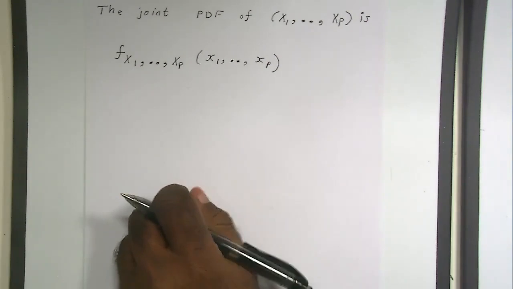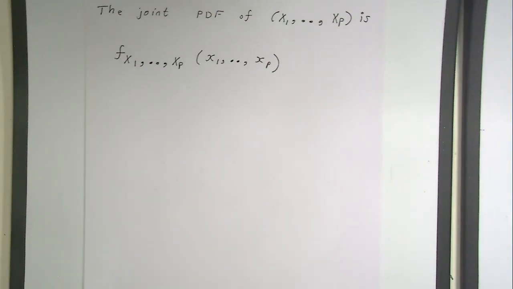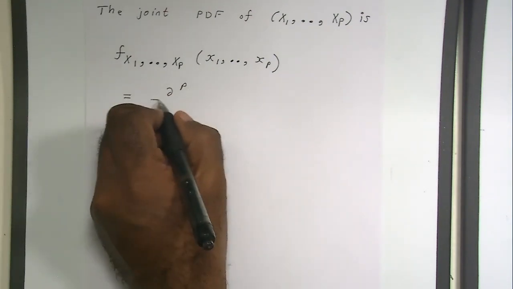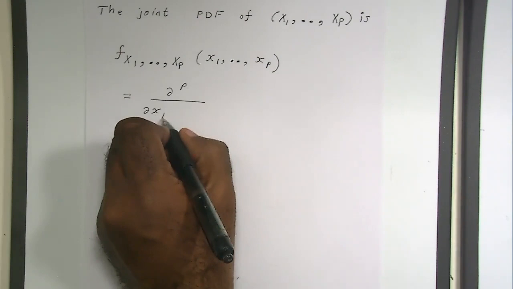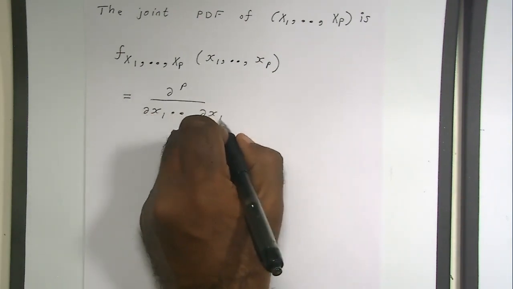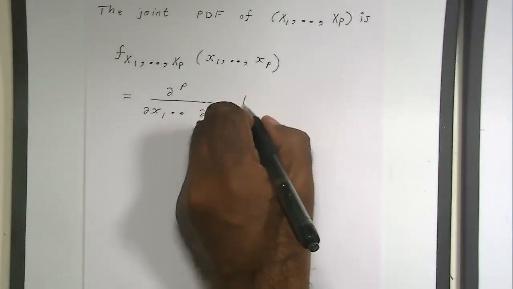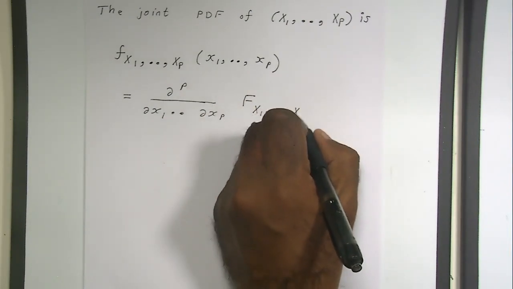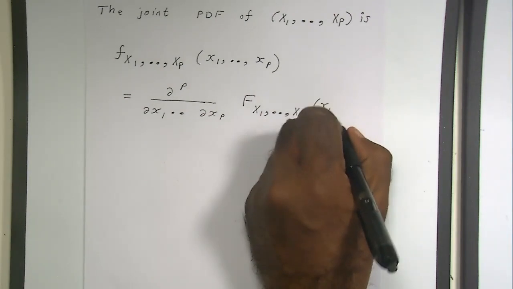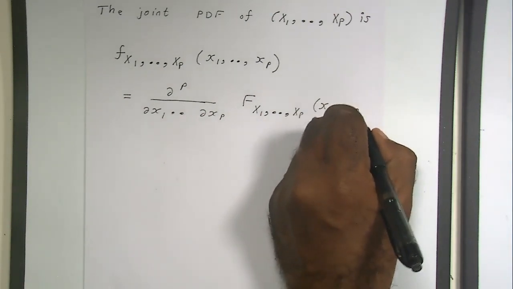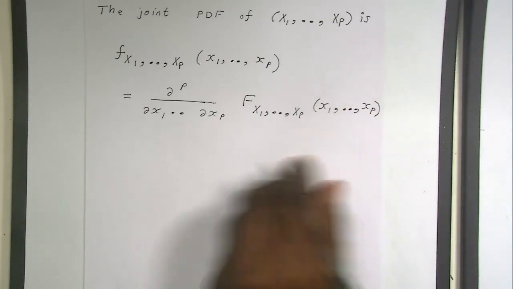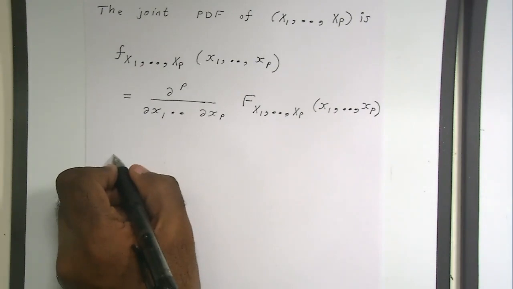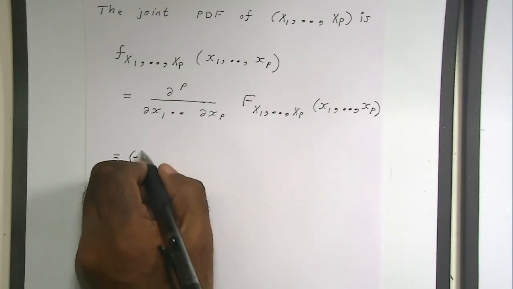Once again, there are two representations for the joint PDF. The first one is the partial derivatives p times, and you differentiate the joint CDF. This is one representation to get the joint PDF. The second representation is as follows.